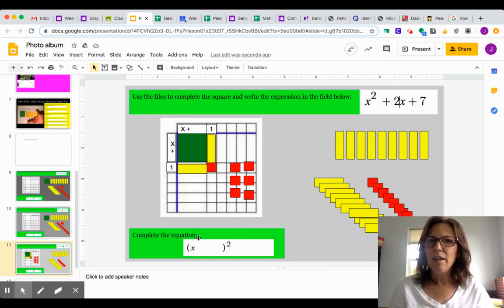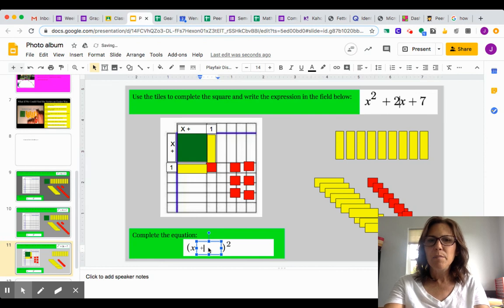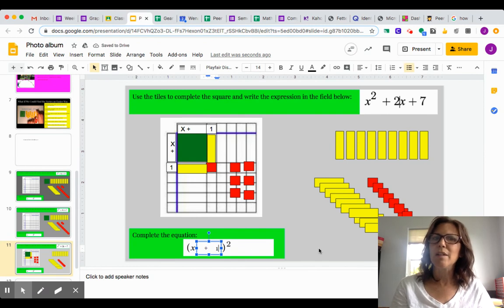I can rewrite that down here as, and I'm going to click just right in this little section, as x plus 1 squared, right? X plus 1 times x plus 1 is the same as x plus 1 squared. Now, what do I do about these extra blocks out here?